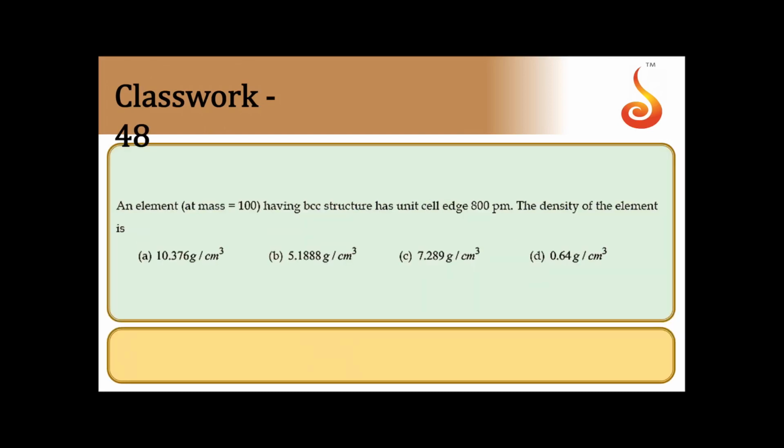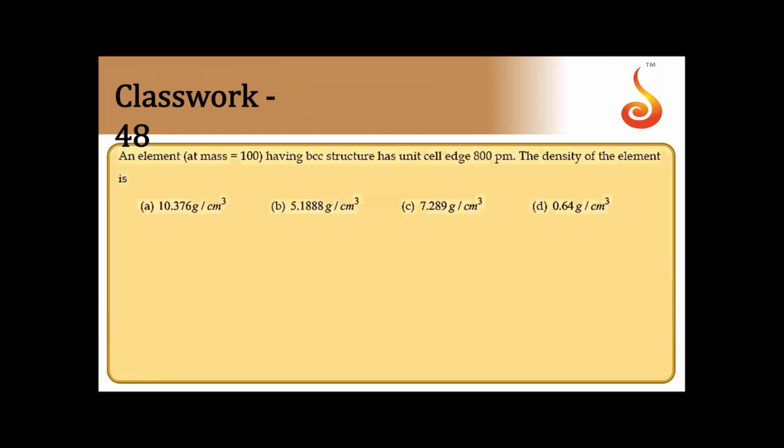Next, the 48th one. An element of atomic mass 100 having BCC structure has a unit cell edge of 800 pm. Density of the element is? They are given edge length as 800, atomic mass as 100, and the structure is BCC. The formula for density is M into Z by a cube into Na.